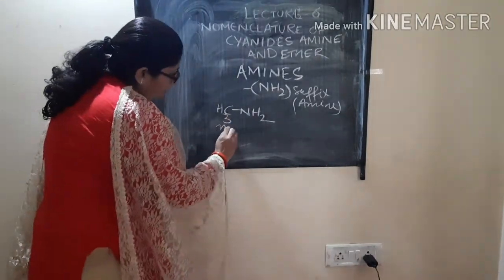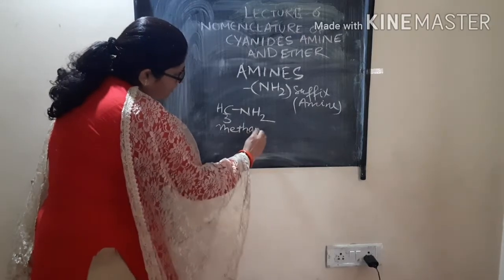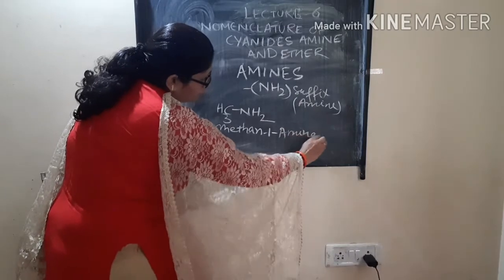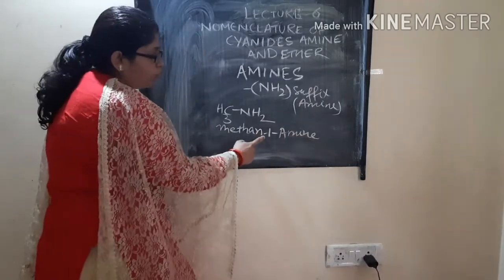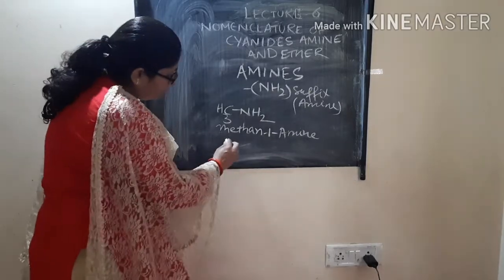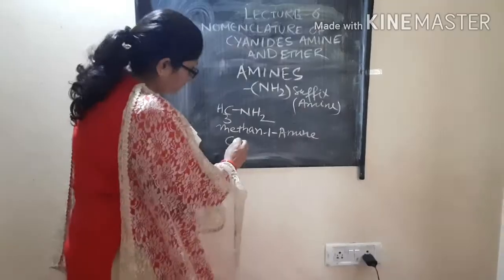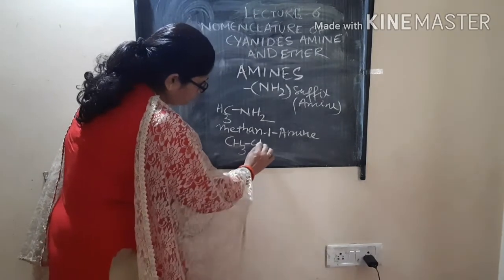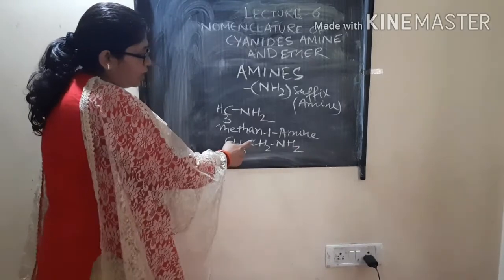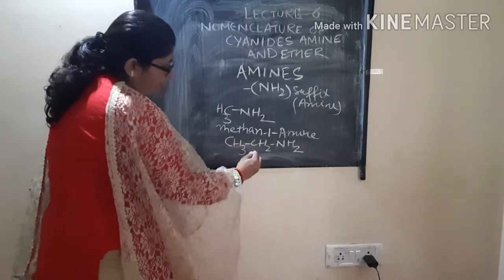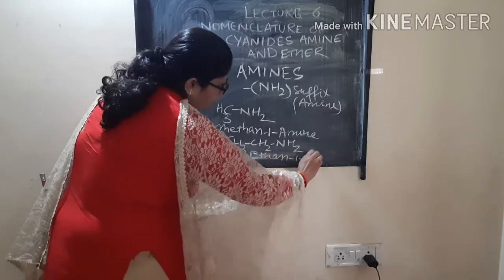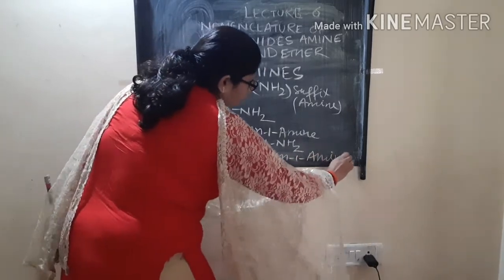So it will be methane 1 amine. Understood? One more example we'll take. How many carbons? 1, 2 carbons. So it will be ethane 1 amine.